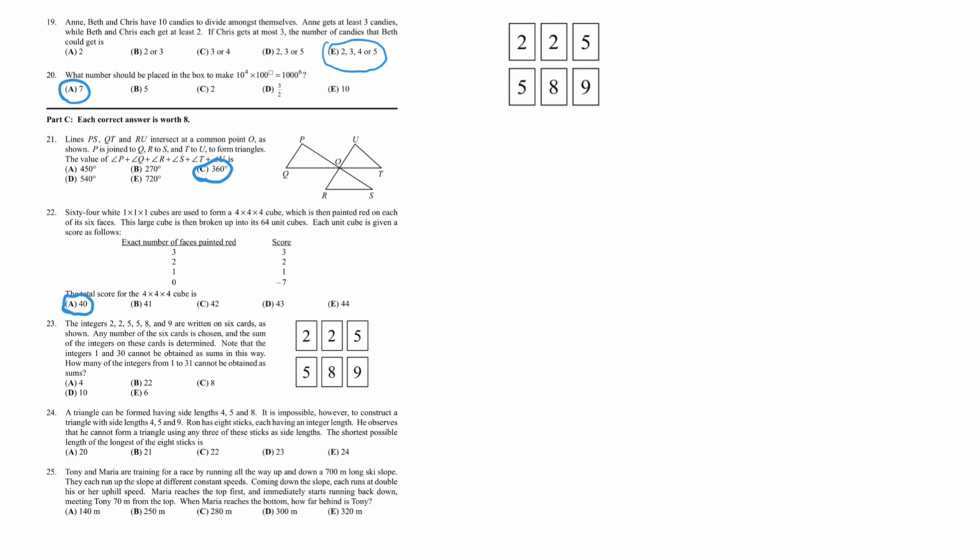First, let's calculate the sum of the 6 cards. That's 2 plus 2 plus 5 plus 5 plus 8 plus 9, that's 31. Then we calculate how many sums we can obtain.